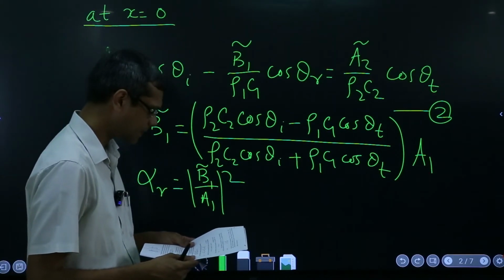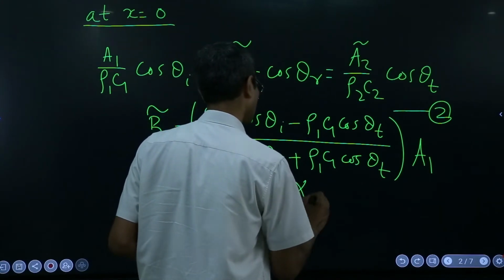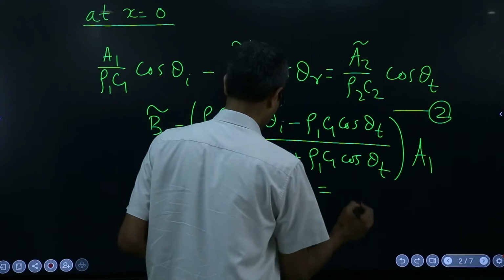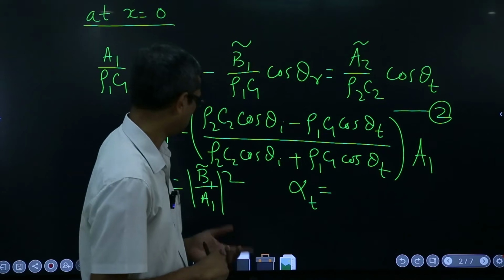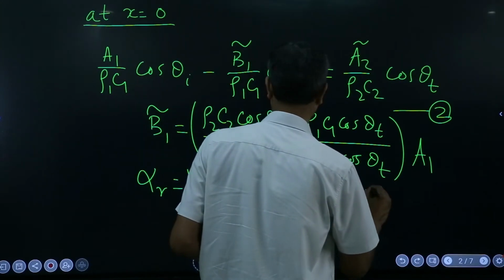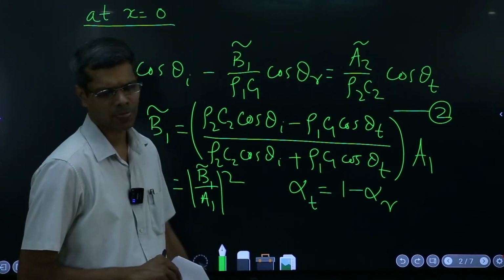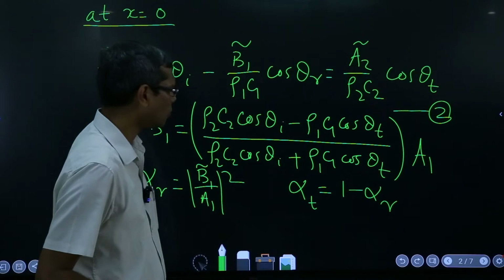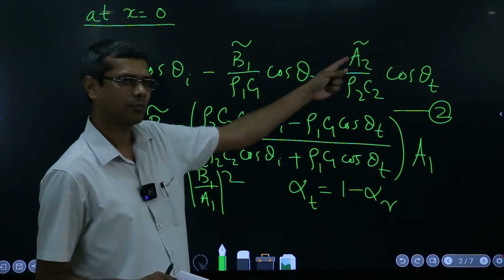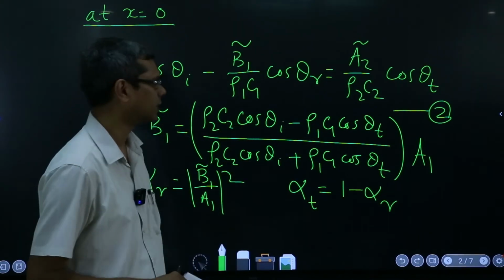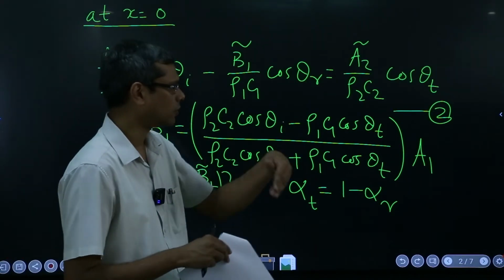Now, then what would I do? Suppose I want to calculate alpha t, the transmission coefficient. What should I do? So, 1 minus alpha r, if you do, you will get it. But then what if I calculate A2? I can always calculate A2, right, because I know everything now. I can calculate A2, and then I will use A2 squared over that thing.